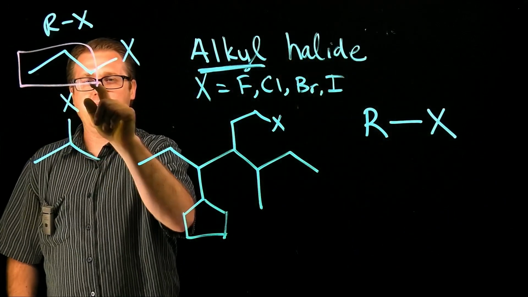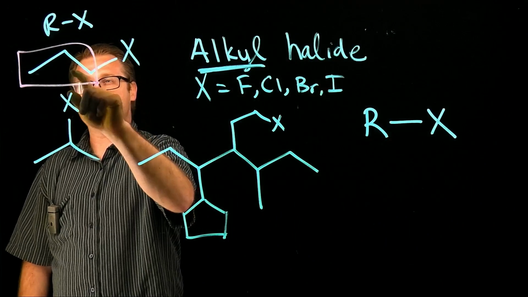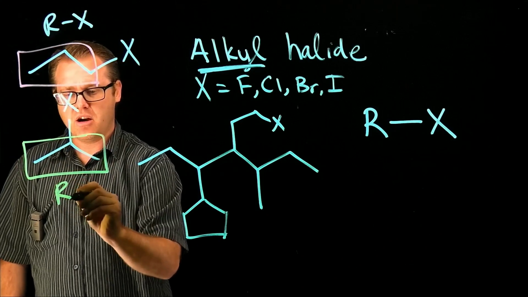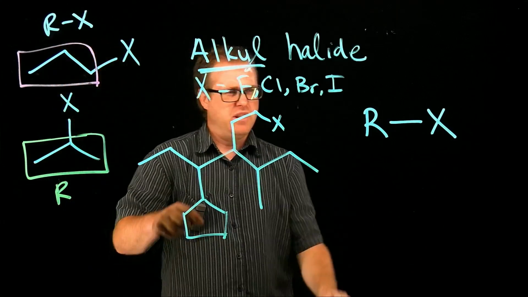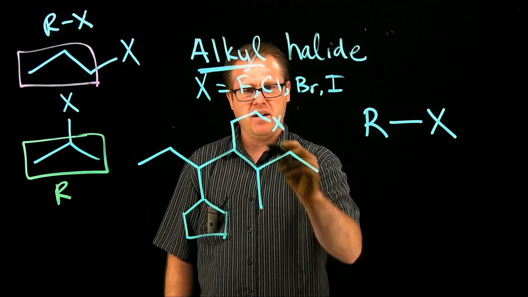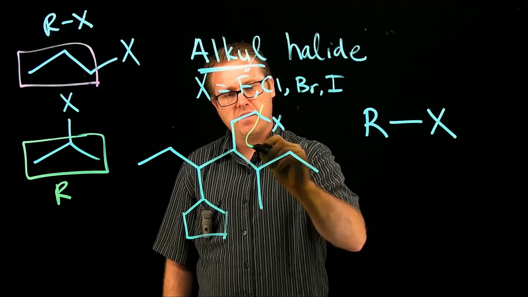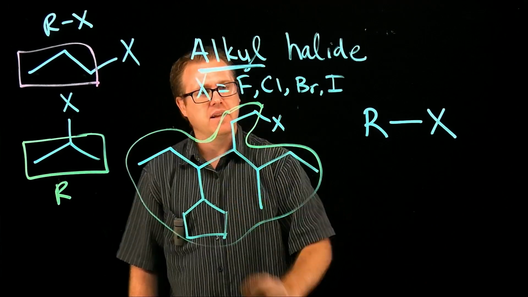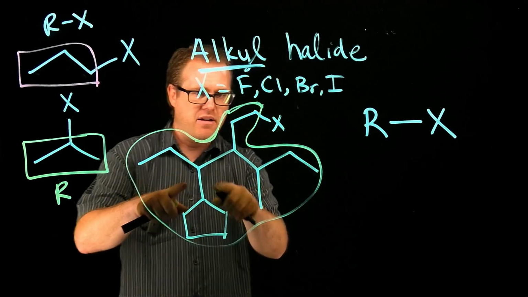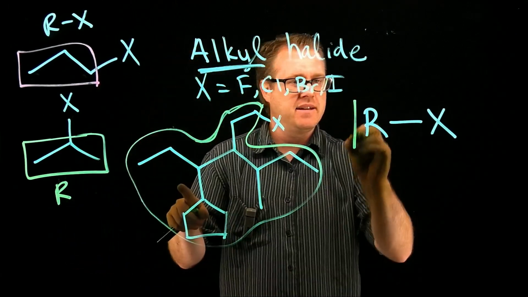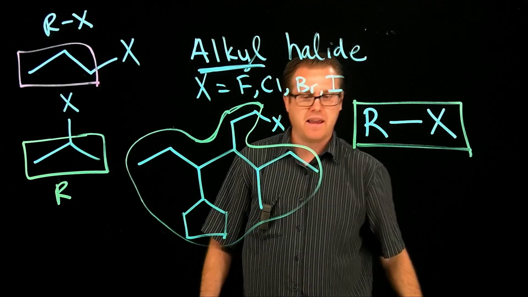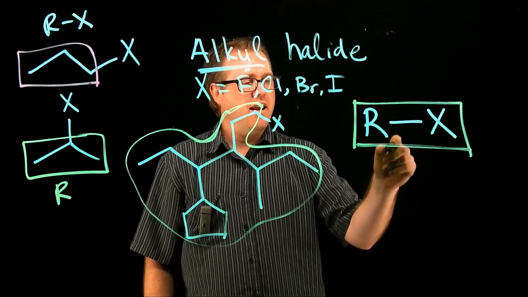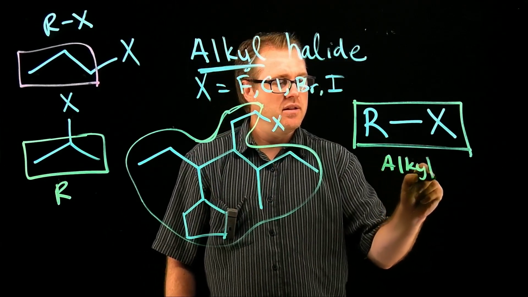So what I just put in that rectangle in pink is the R group. And this in green right there, that's the R group. So this massive beast right here, what we would do is be like, all of that is the R group. So this alkyl halide right here can be represented like that. So that right there represents an alkyl halide.